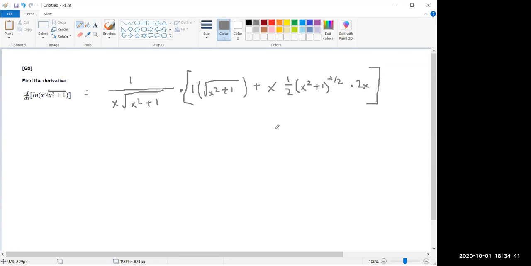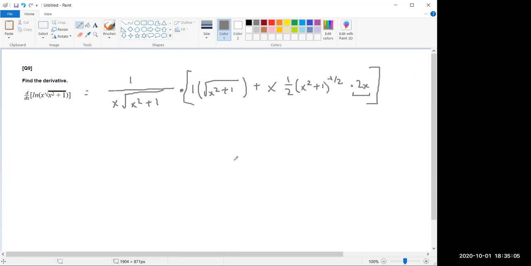Yeah, I believe so. We found the derivative. Why do we have the 2x at the end? This 2x is the chain rule after we took the derivative of the square root of x squared plus 1. Let me do that on the side so it's more explicit.